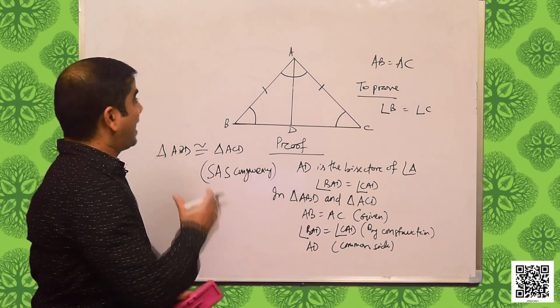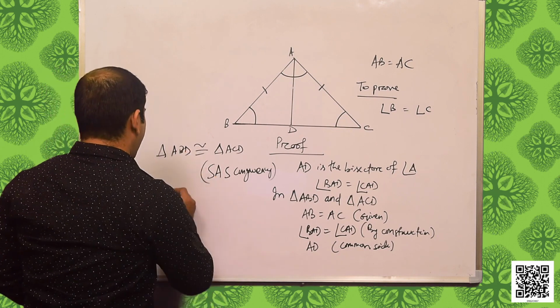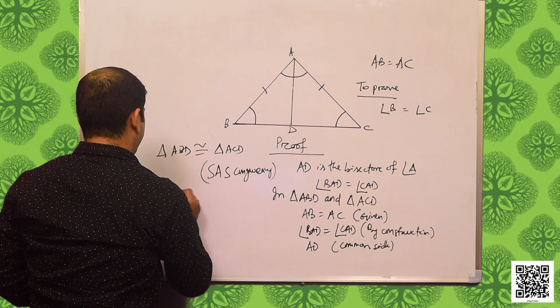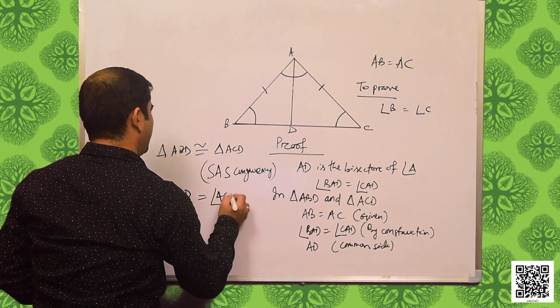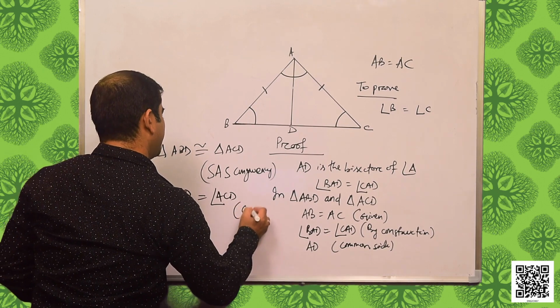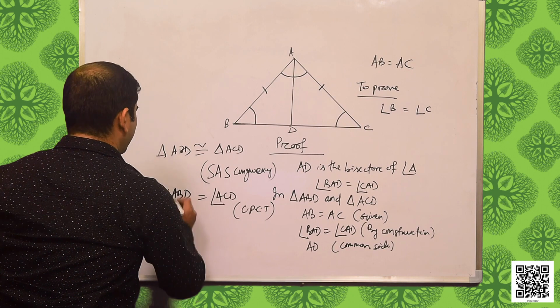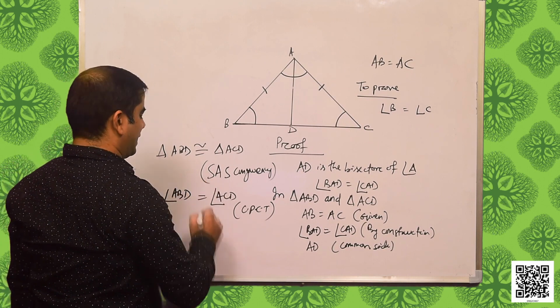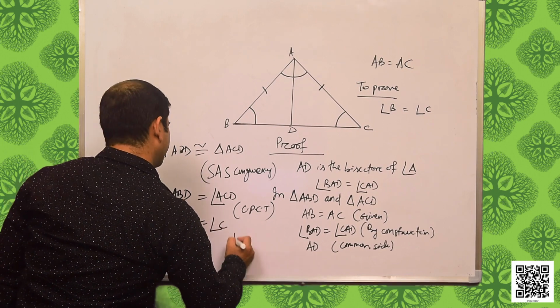As these two triangles are congruent to each other, I can say that angle ABD is equal to angle ACD, by CPCT. So, we have proved that angle ABD is equal to angle ACD, that means angle B is equal to angle C. Proved.